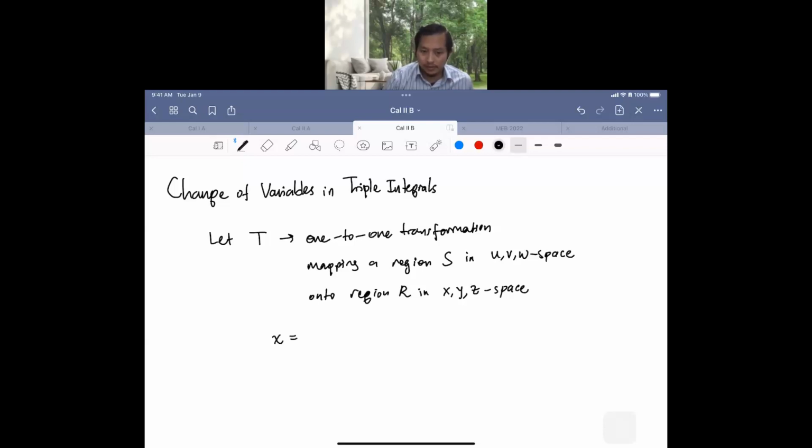By these correlations, you have functions of 3 variables for each X, Y, Z in terms of U, V, W.